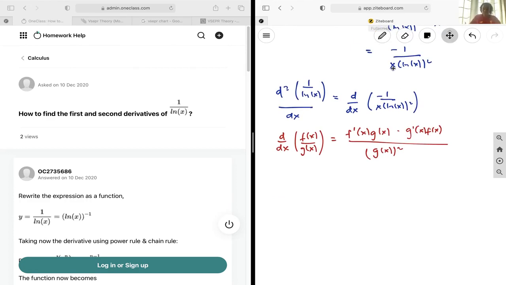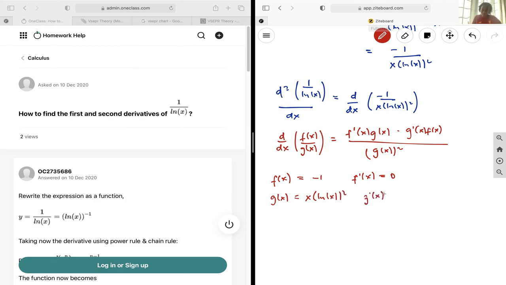And so now let's find all of the numbers that we need to find on the side, and then we're just going to plug them back into the equation. And so we know that f of x in our scenario is going to be equal to -1, which means that the derivative is going to be equal to 0. G of x is equal to x ln squared x.